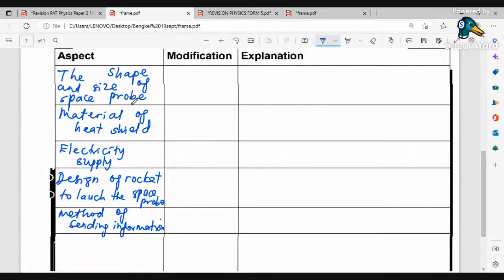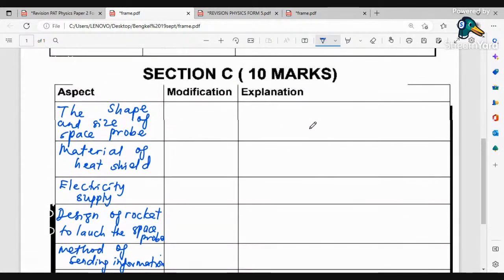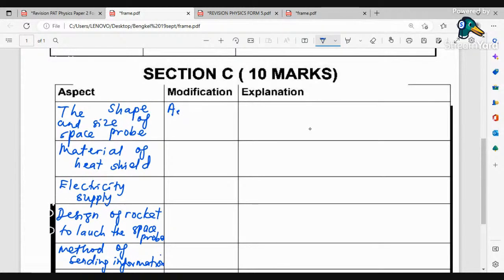Okay, the shape and size of space probe. Okay, when I talk about shape, this one to increase its speed or acceleration is aerodynamic shape. Okay, size compact lah. And compact size.